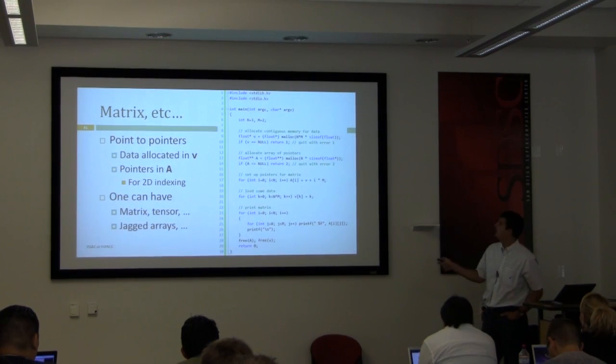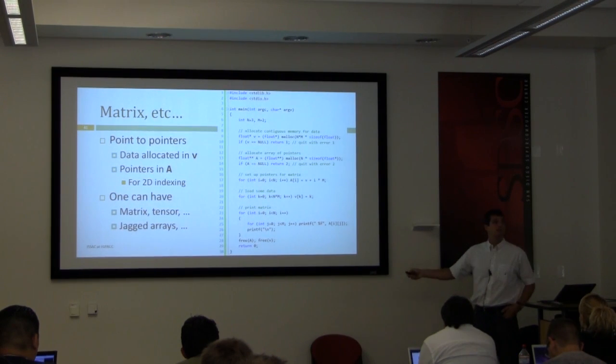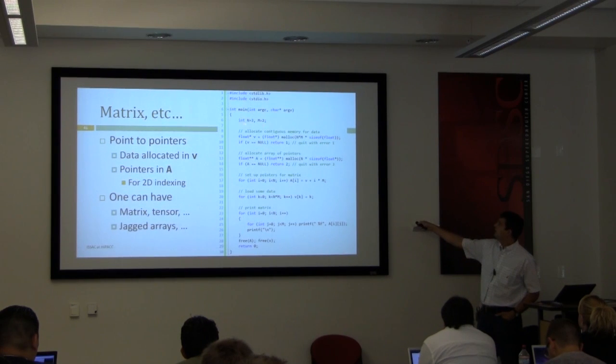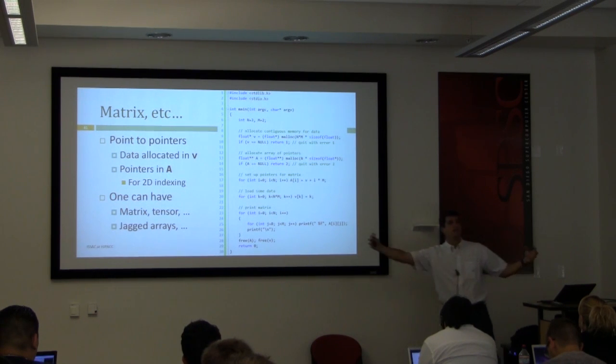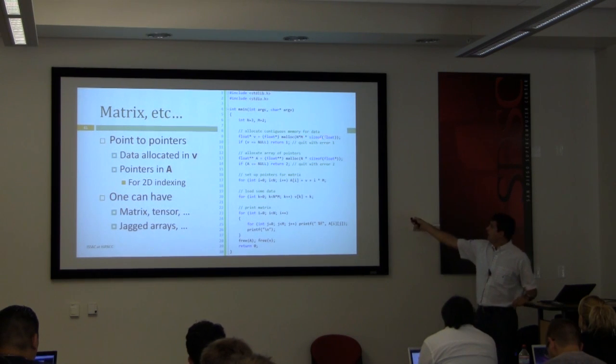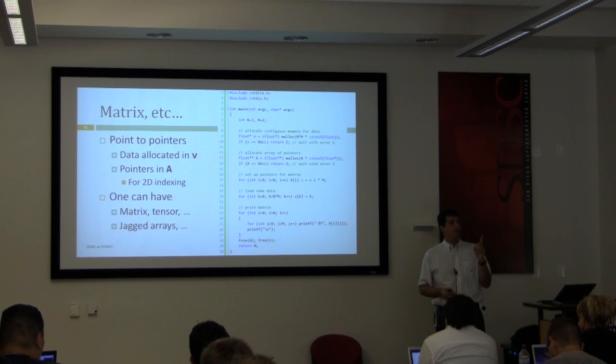In this case, we have a matrix created where we allocate an n by m matrix. We allocate enough memory just linearly, with this many bytes, so we know how much we need to allocate, and then we allocate an array of pointers that tells us where the first element of each row is.